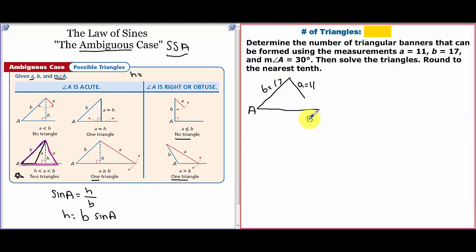So I would have angle B down here and angle C up here. So I'm looking, and angle A is 30. So I'm going to be looking for angle B, angle C, and side C.